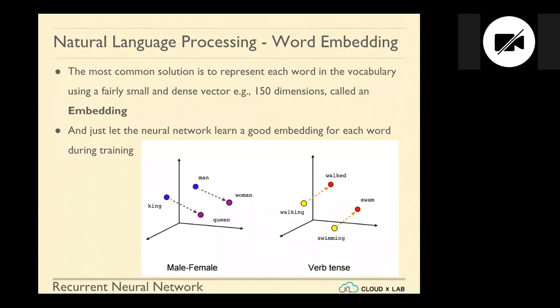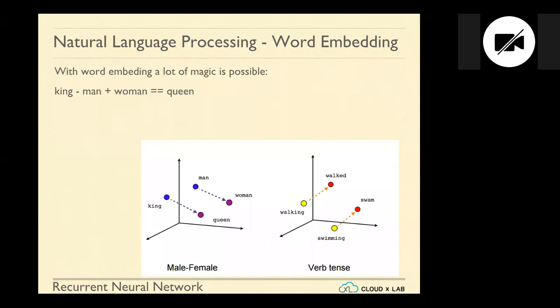So you just ask the word embedding to give you the vector representation of each of these words, and it gives us a list of numbers for each word. We can do a lot of magic with word embeddings. For example, king minus man plus woman actually gives out queen.